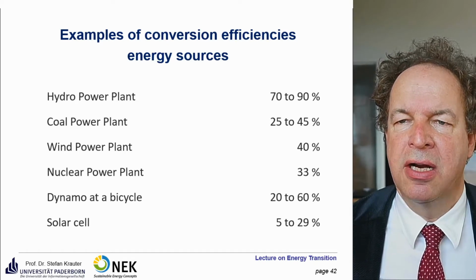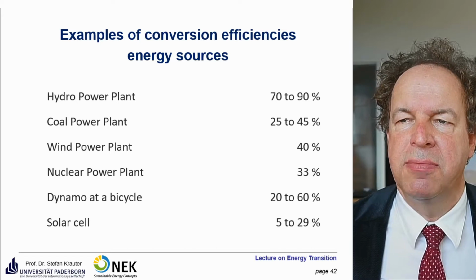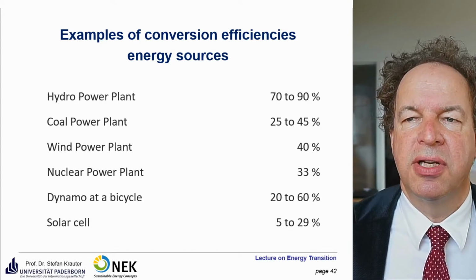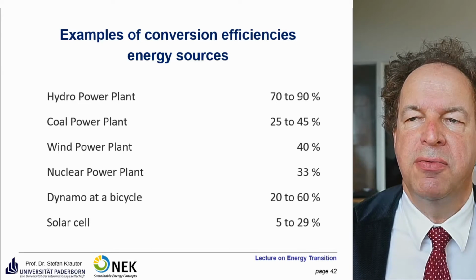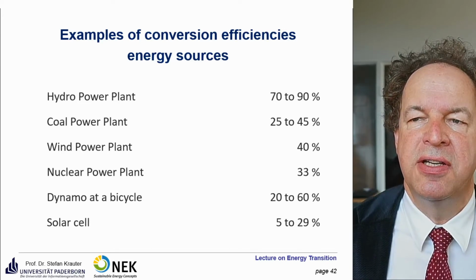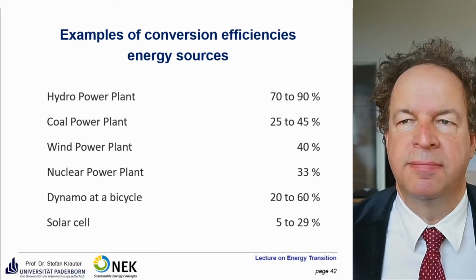Just to give you an idea, a dynamo, a synchronous generator on a bicycle, has 20 to 60% conversion efficiency. Solar cells: really bad ones are below 10%. Most solar cells on the market are in the vicinity of 18-20% conversion efficiency. The best lab cells are in the vicinity of 29%.